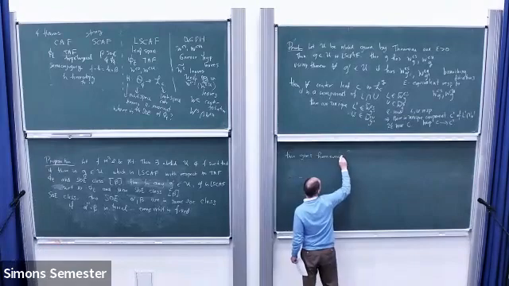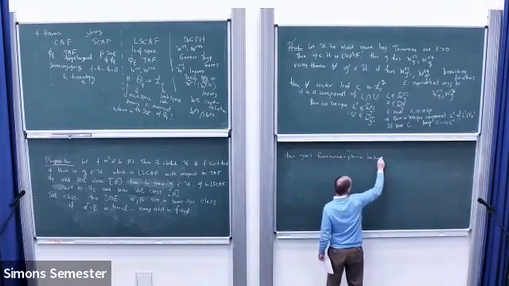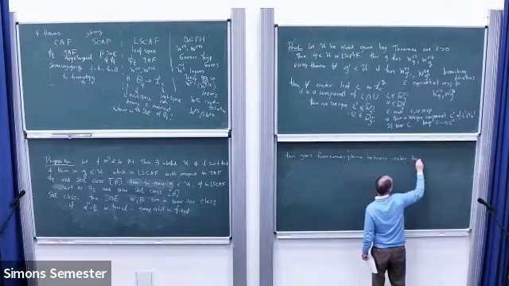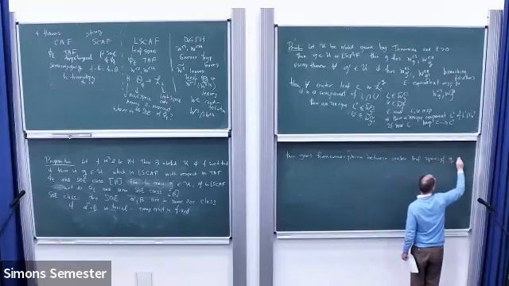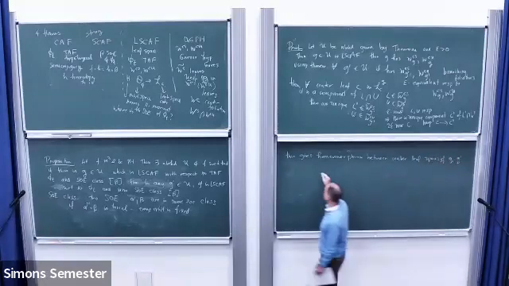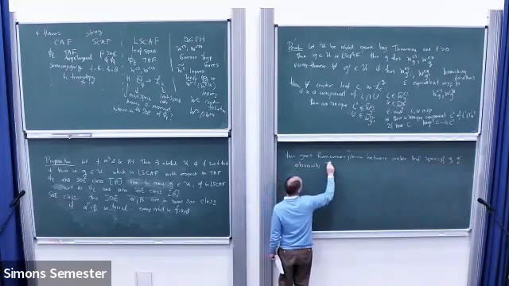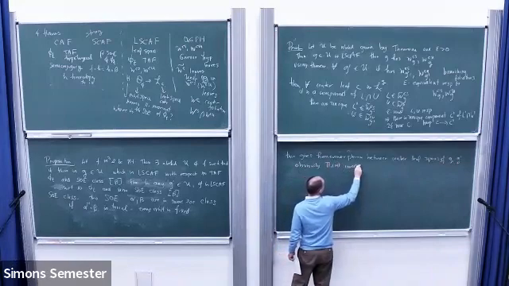Homeomorphism, leaf spaces. G prime, which is obviously invariant.